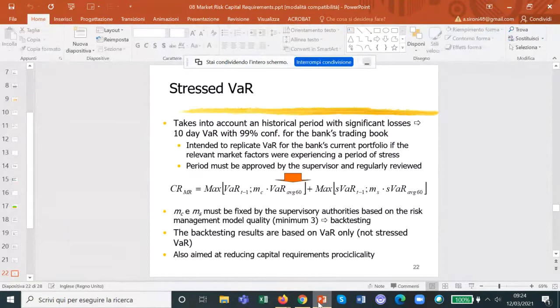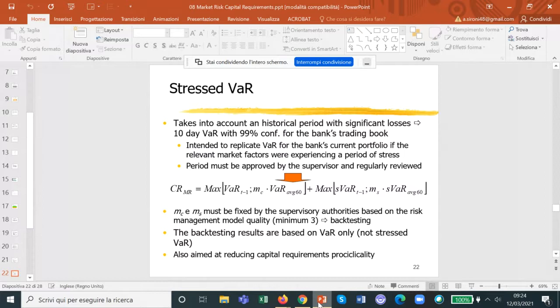We measure value at risk looking at the past year of data, plus we should add a stress value at risk component, which is value at risk applied to my portfolio today based on a one-year period in the past. For example, something that happened 2 years ago or 1 year ago of significant stress. So by definition, stress value at risk is equal or larger than the normal value at risk, okay?